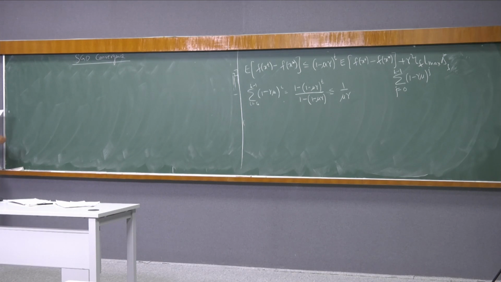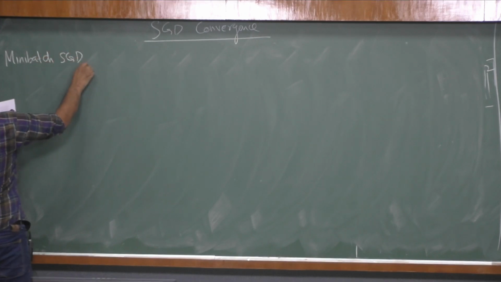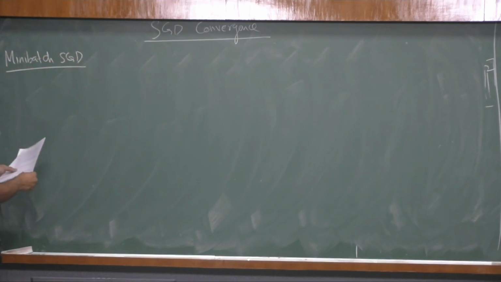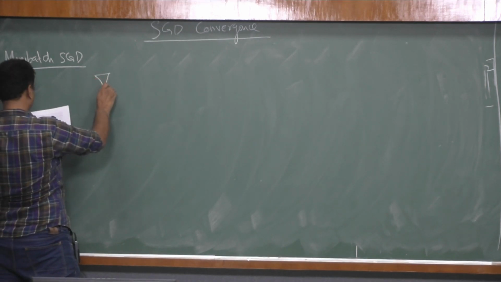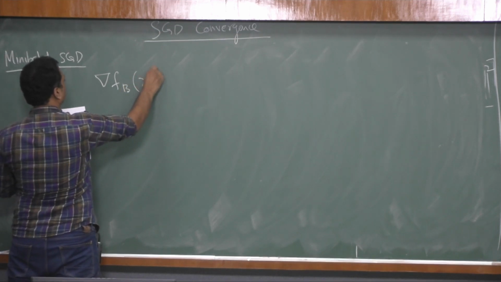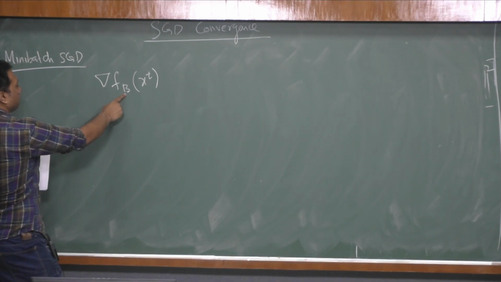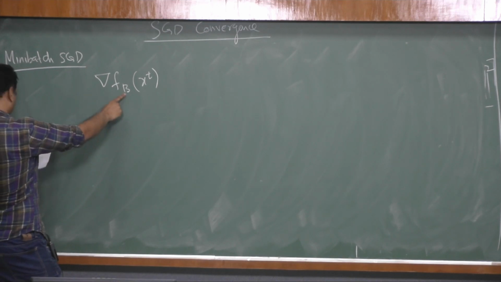So for mini batch SGD, the gradient is defined over a batch. So the way it's defined is like this. At the point xt, you compute a gradient on a batch of the data rather than one data point or one sample.